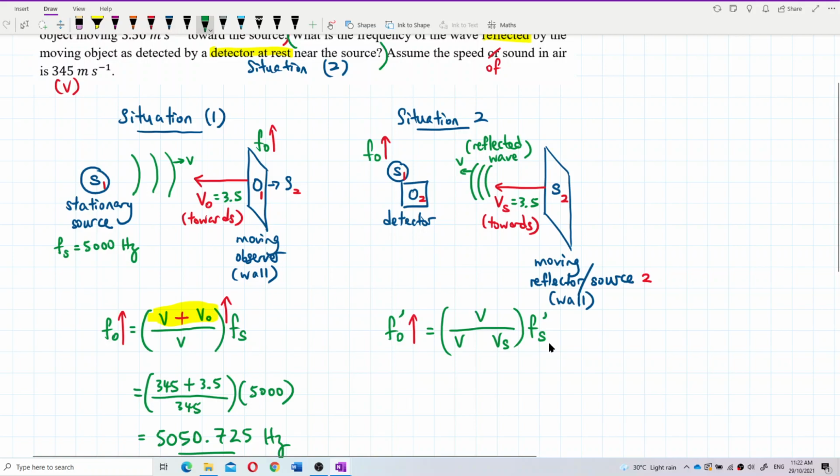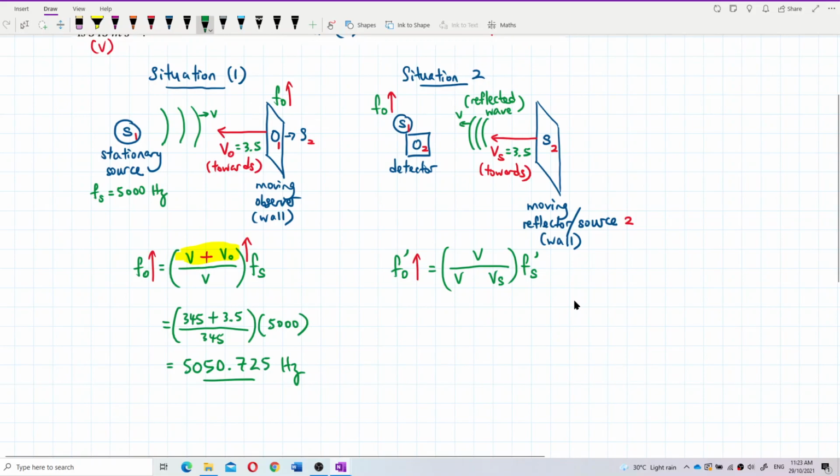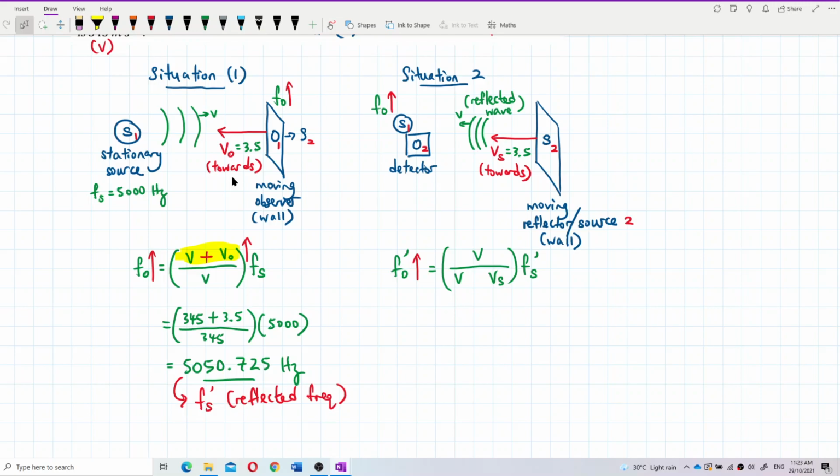This one is prime, because it reflects the wave received. This is the reflected frequency, 5050.